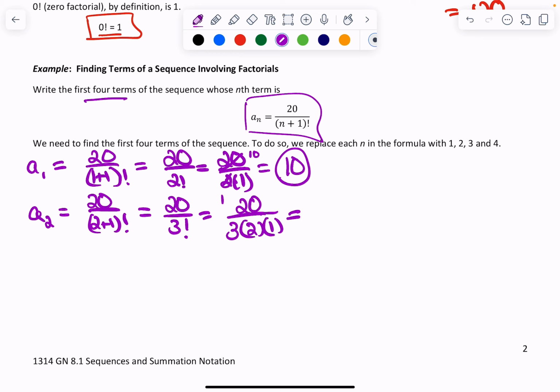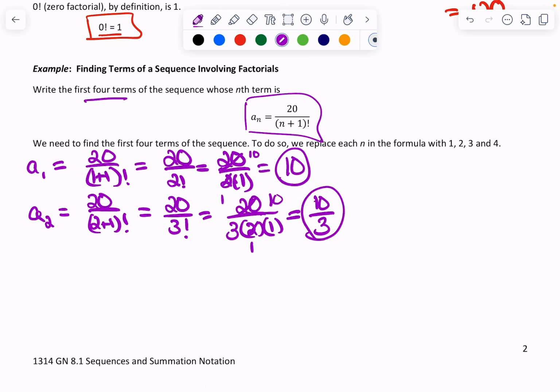Again, I can divide 2 by 2, which is 1, and 20 divided by 2. So I can divide both the top and the bottom by 2, and I get 10 on the top. So I get 10 divided by 3 times 1 times 1, which is 3. So 10 thirds is our second term.